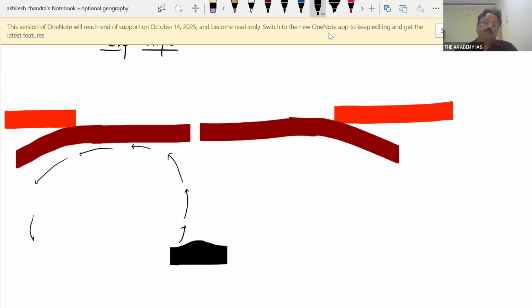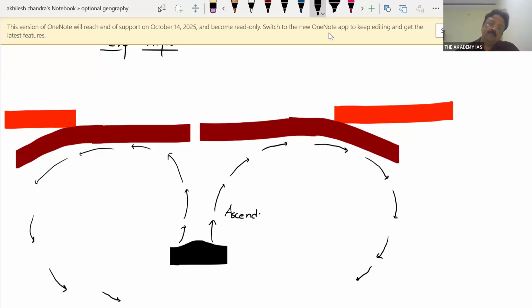And you can see there are three distinct arms of these convectional currents. One is the ascending arm.